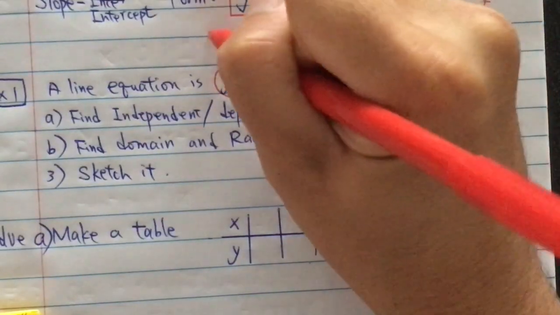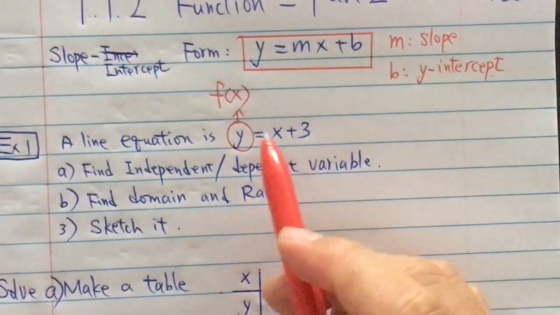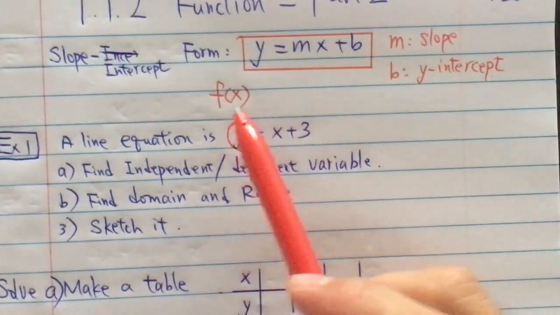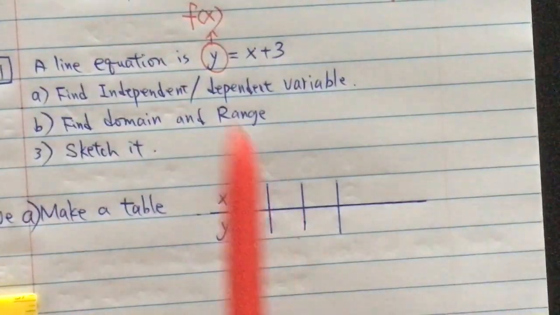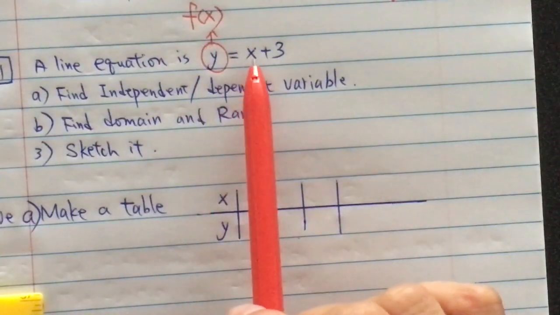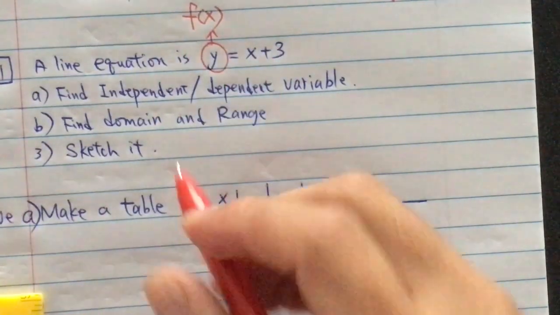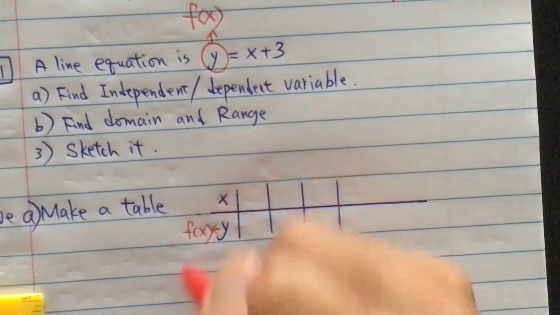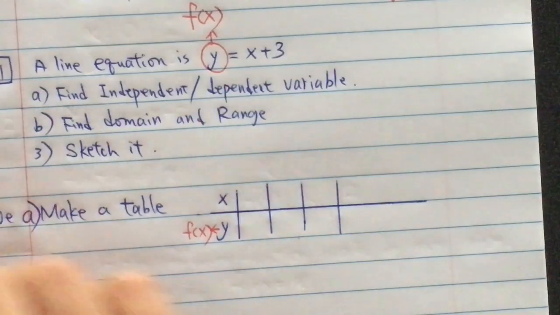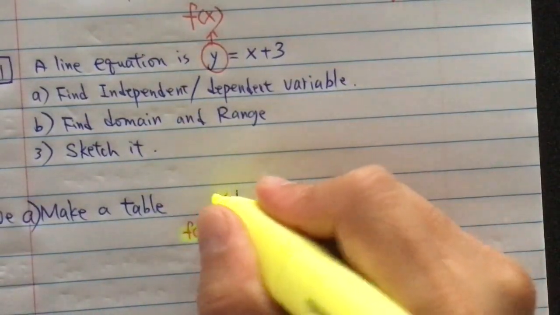Please use f of x right here. What does f of x mean? That's the value of x after everything, then we get f of x. So now we see x and f of x.